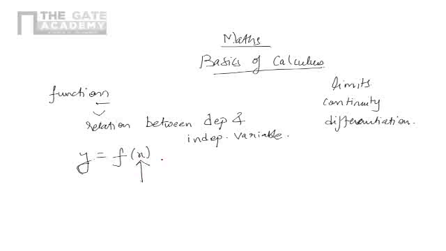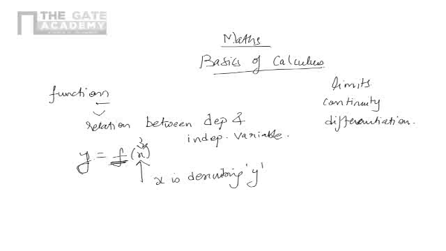Here we see that x is describing y. Y cannot take any values it needs. Y will be able to take the values decided by x. And what value? That will be decided by the function. Correct?